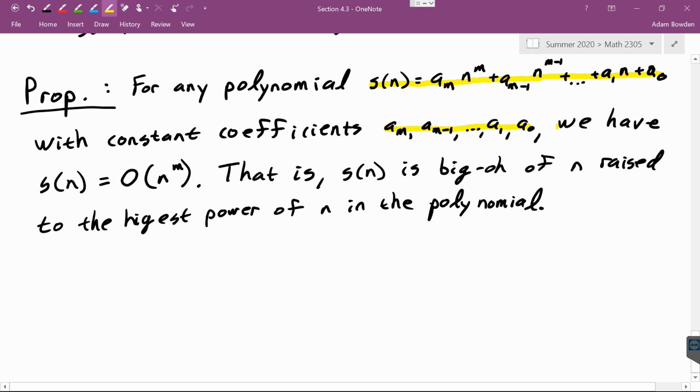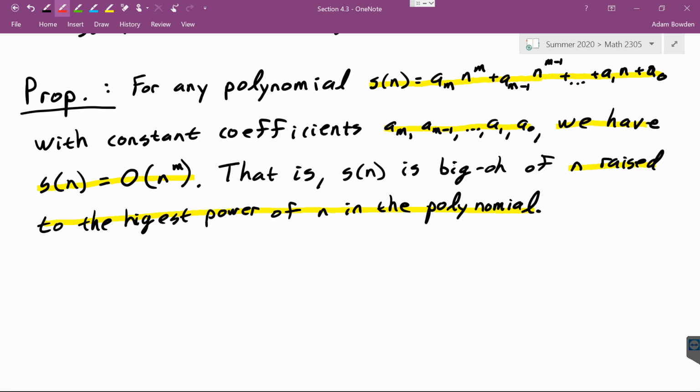If that's the case, then the polynomial S of n is always going to be big O of n raised to the m power. What that means is S of n is big O of n raised to the highest power of n in the polynomial.